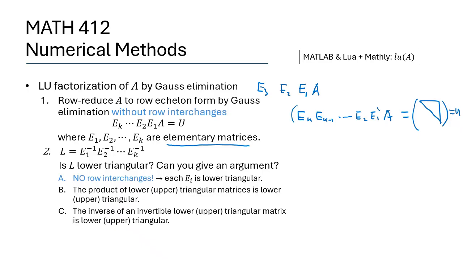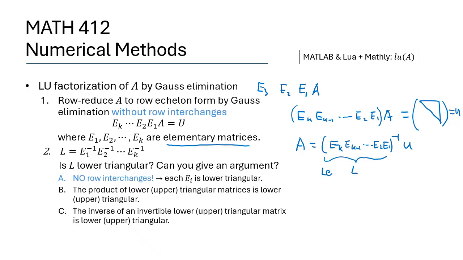So A is this whole thing, E sub k, E sub k minus 1, down to E sub 2, E sub 1, the product's inverse, times U. And now, hopefully, this is L. Let L be this.